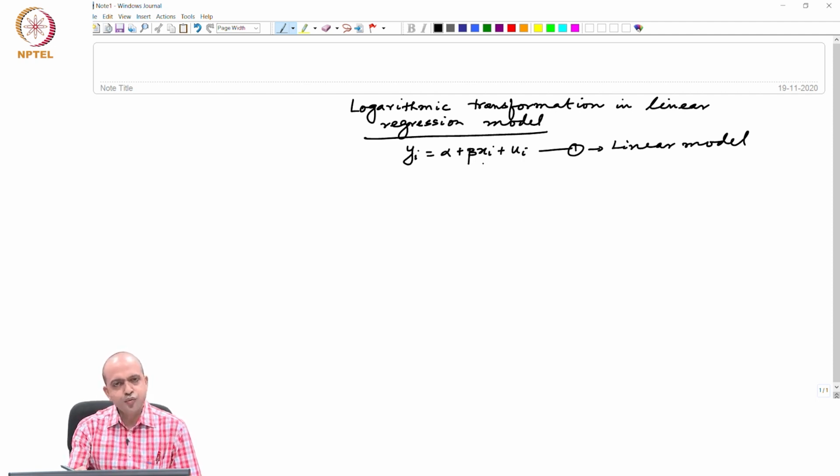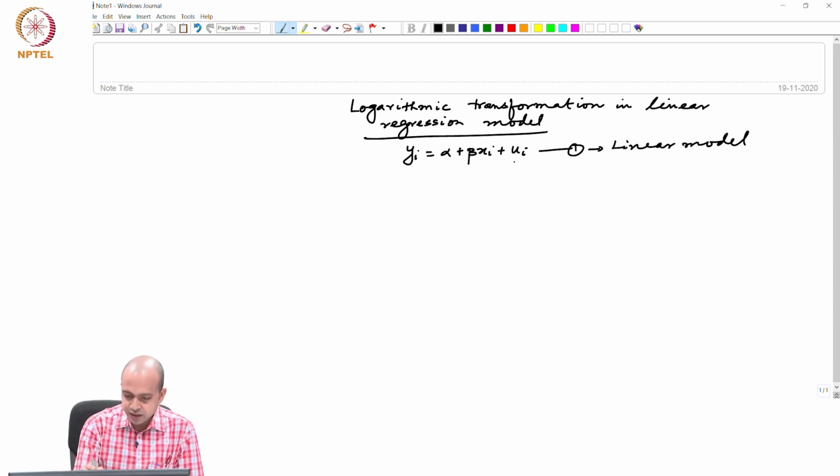You can transform your independent variable x and keep y as it is, or transform your dependent variable y into log and keep x as it is, or transform both y and x into log form. Model number 1, where both y and x are not log transformed, is called the linear model.